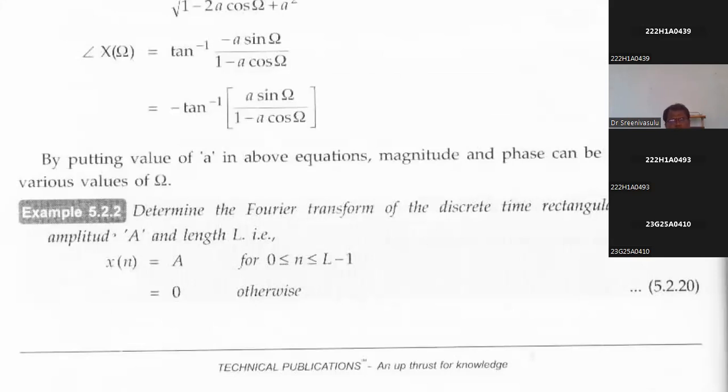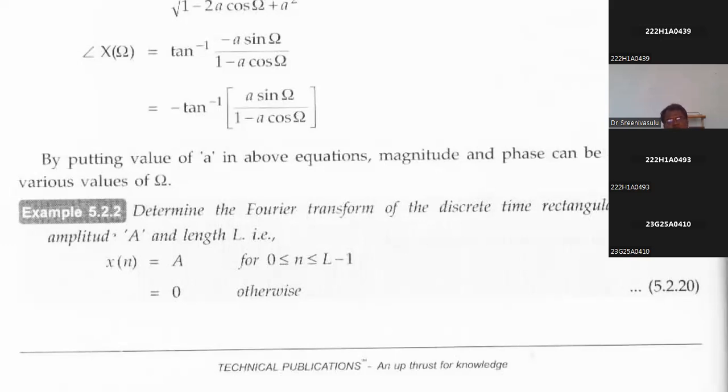So x of n is equal to A for 0 less than or equal to n less than or equal to L minus 1. Suppose L is equal to 10, so L minus 1 is 9. If you count from 0, the total length is 10. That is the given rectangular sequence, and it is 0 otherwise.